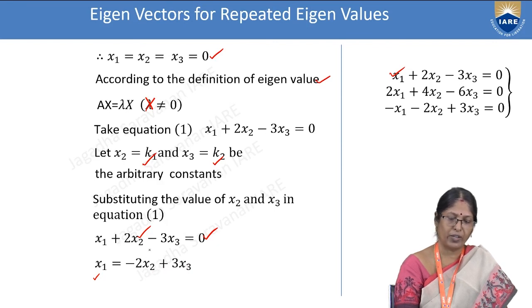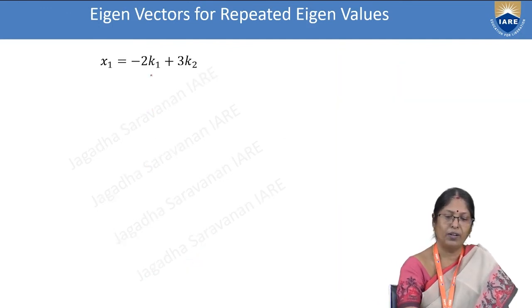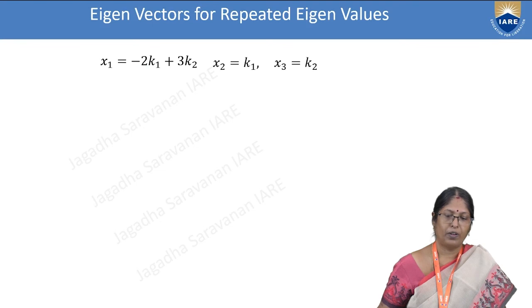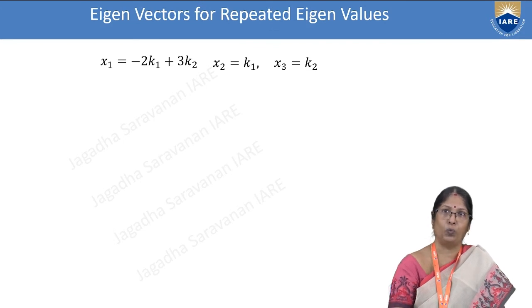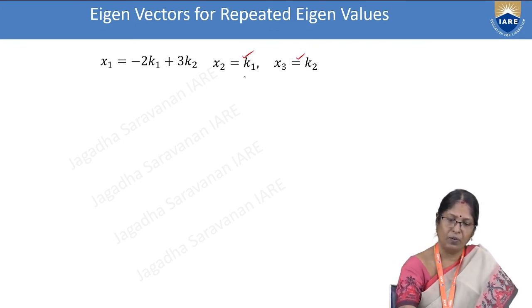So, plus 2x2 has become minus 2x2, minus 3x3 has become plus 3x3. So, x1 equals minus 2k1 plus 3k2 we got it. With this help, we got this.